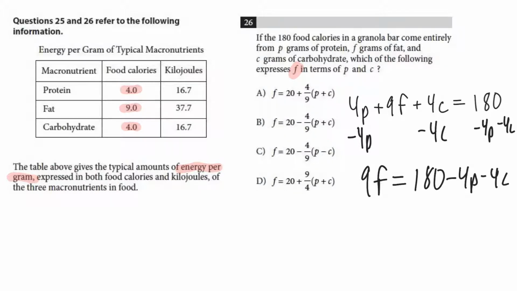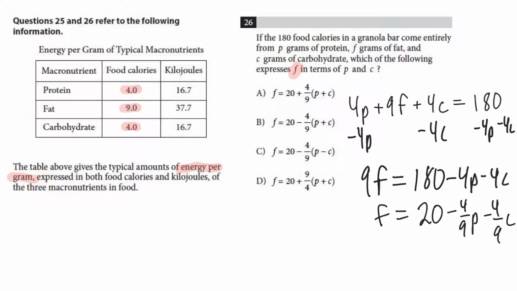So let's divide everything by 9. We will get F equals, well, 180 divided by 9 is 20, minus 4/9 P minus 4/9 C.